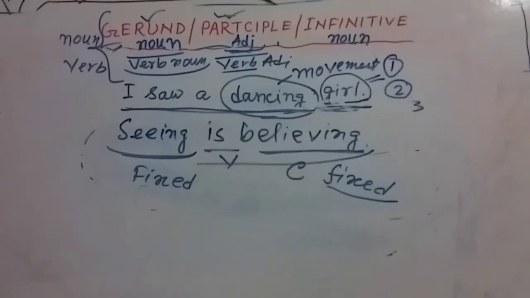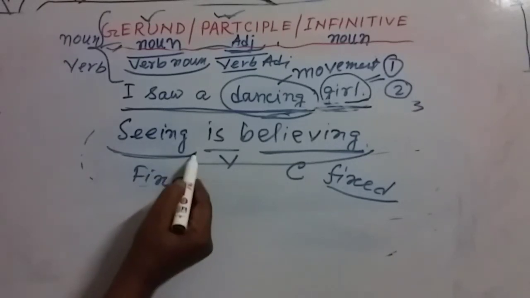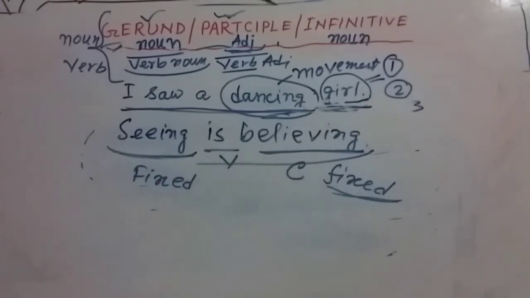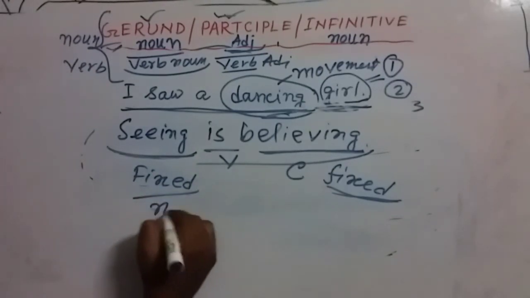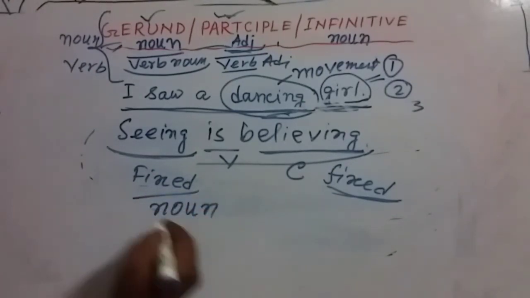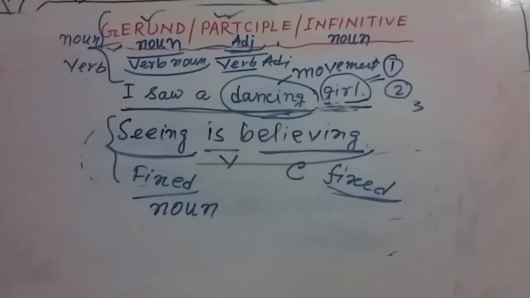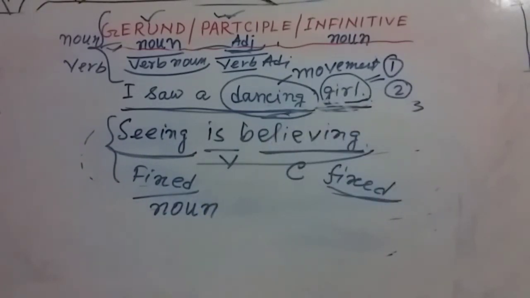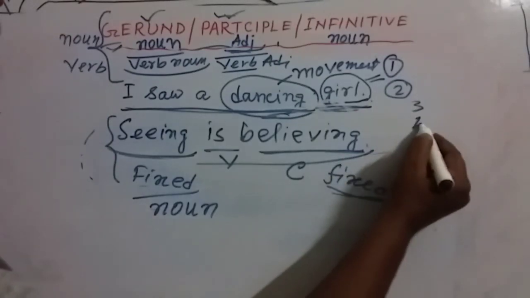That means there is a movement in this part. But here this word is fixed. This word is also fixed. That means these are nouns. So the gerund will be fixed, and in the adjective, there must be a movement. This is the fourth clue.